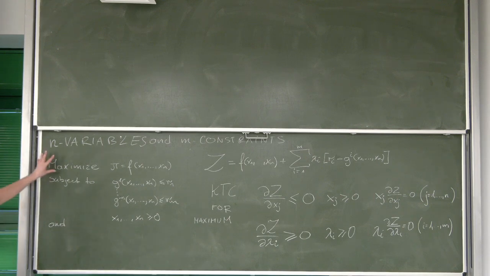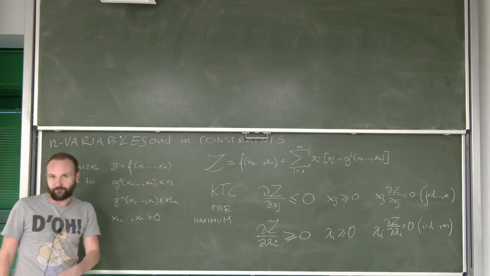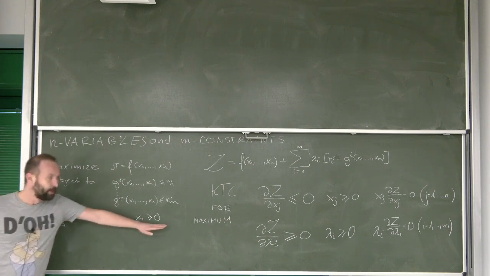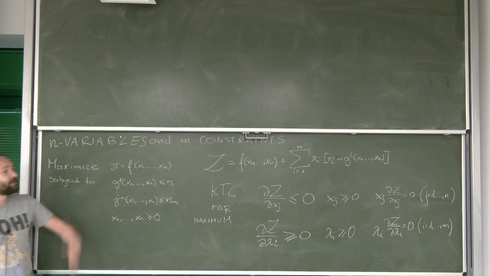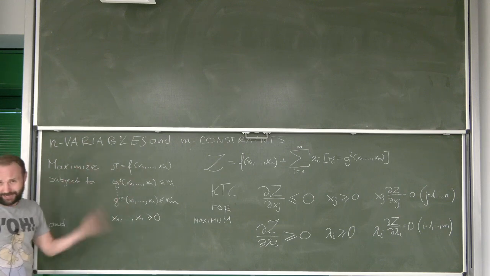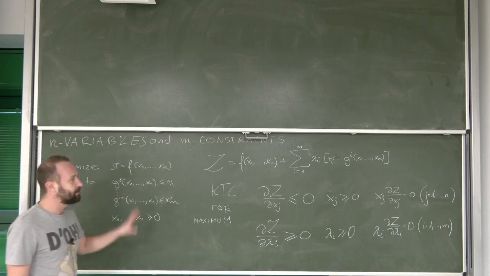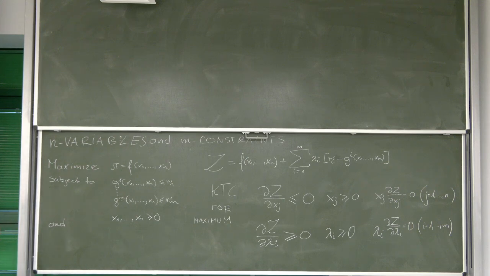We need to maximize a function of n different variables subject to m different constraints and, of course, non-negativity conditions. Look, even though this problem can be quite big, everything that we learned thus far can be very easily extended to this case.